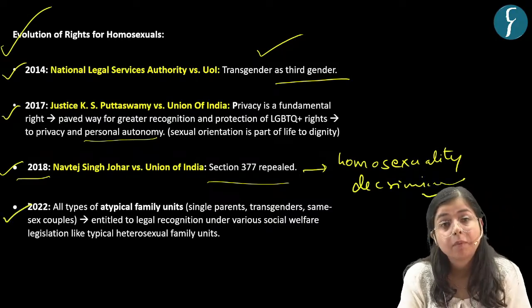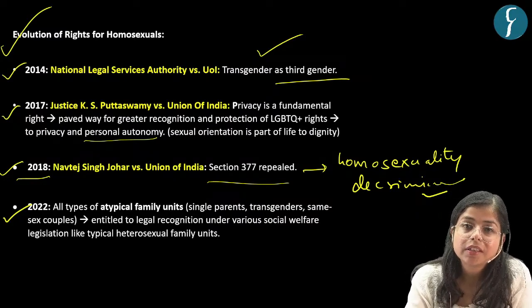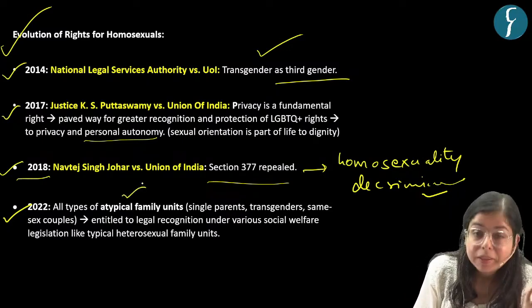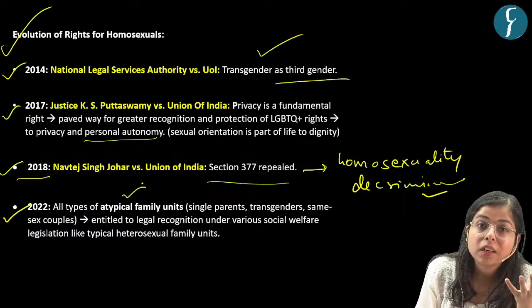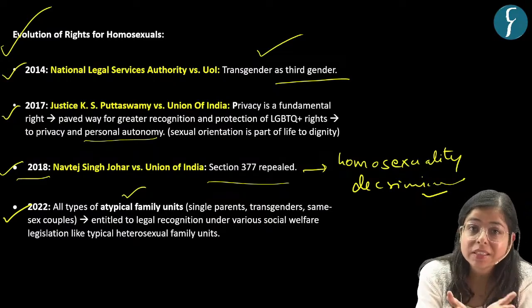Further down in the evolution, last year in 2022, the Supreme Court recognized the existence of atypical family units. The Supreme Court recognized that the structure of the family is changing.